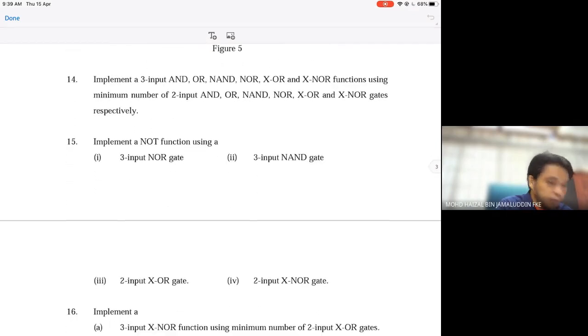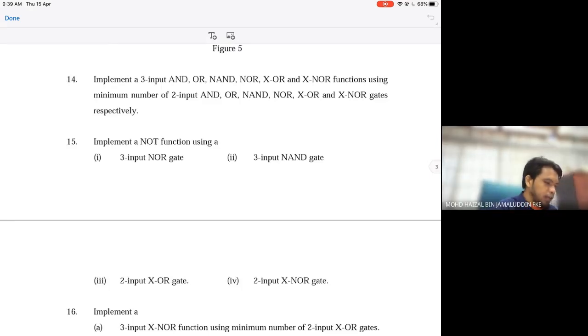Question 14 and 15 are for you to think. You have learned the basic gates of 2 inputs, so now you need to implement them in 3 inputs.